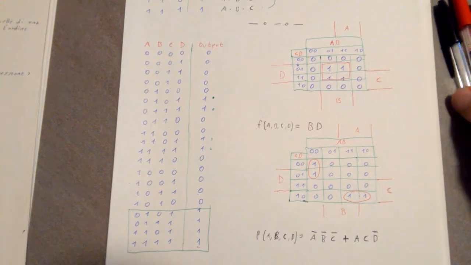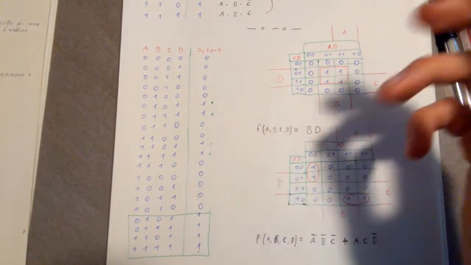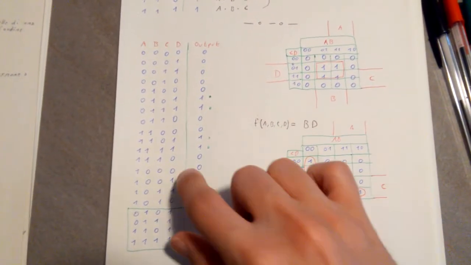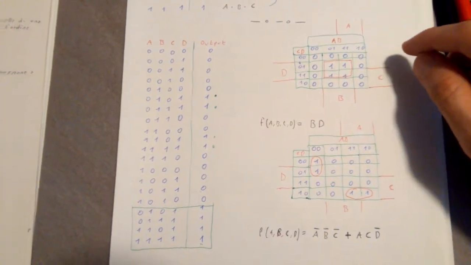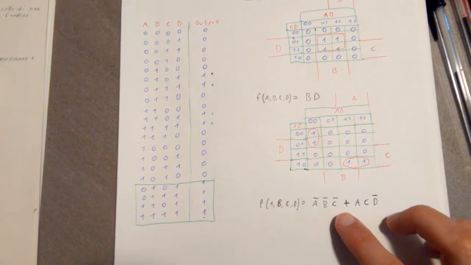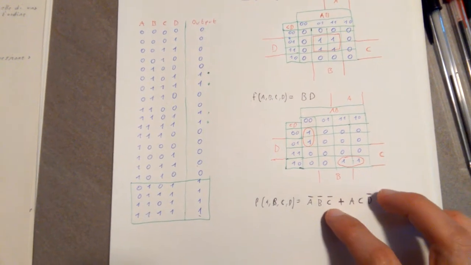If you have, I don't know, 16 inputs, so 16 variables, you don't want to look at a truth table. You'd rather look at the Karnaugh map and eventually make your own expression for the function.